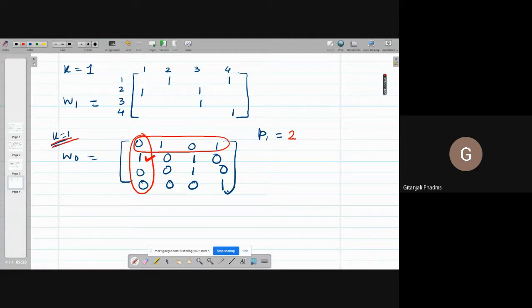Yes, in the first row now. So what value of k have you set? Excuse me, ma'am, in which classroom are you? Actually, I'm in the college, so I'll come to that room. Dear, I am taking an online lecture. You are not in the college? I am in the college only, but your theory lecture is going on.